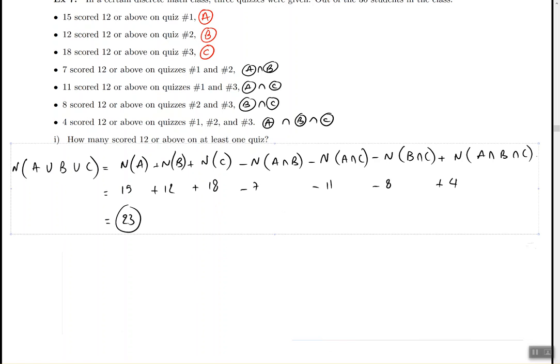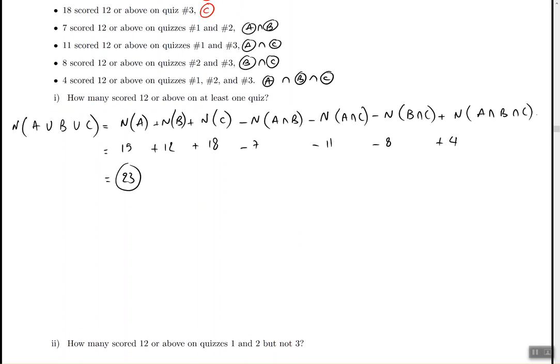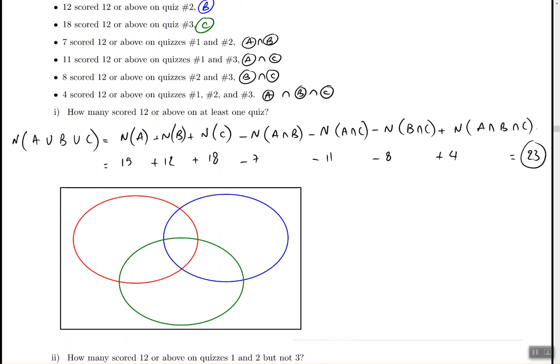Okay, so I reorganized the problem so that you can see what every number corresponds to in terms of the formula. Let me make a little Venn diagram over here and put all this information in a Venn diagram. So in this Venn diagram, the circle in red is going to represent quiz A, or quiz 1, group A. The blue circle is quiz 2, which is group B, and the green circle is going to be group C, or quiz 3.